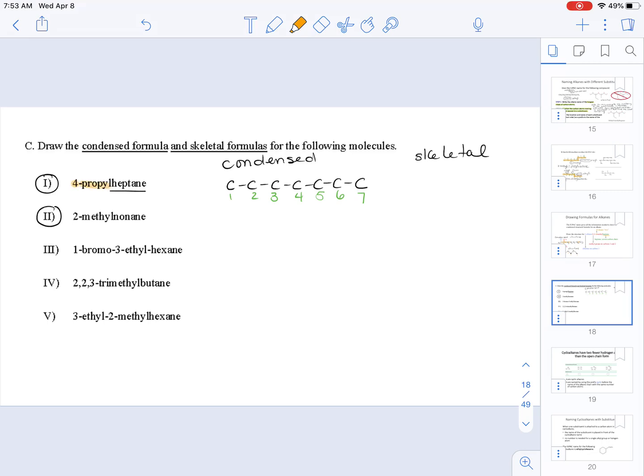So on position 4, since I know that I need to write a propyl group attached to carbon 4, I'm going to do CH2, CH2, CH3. Because when we have a propyl group, the last carbon is going to be missing a hydrogen, and that's what's going to be attaching to the main chain.